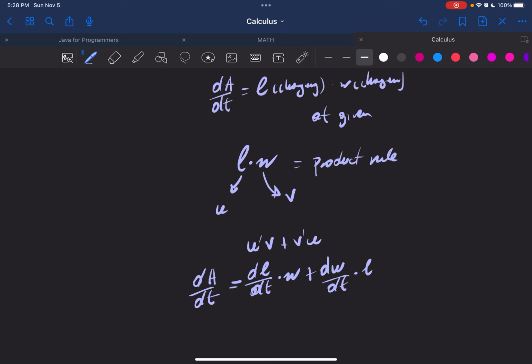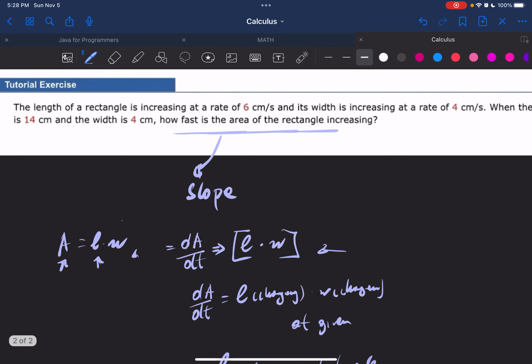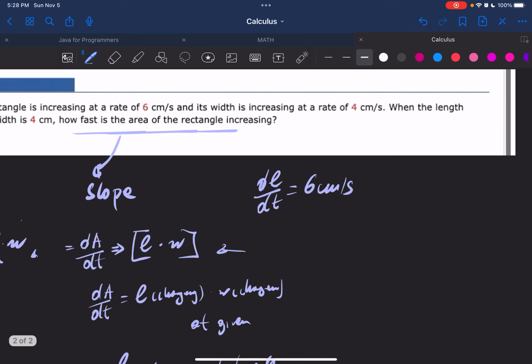Another important thing to notice here is that they gave us everything that we need to know. They told us that the length of the rectangle is increasing at a rate of 6 centimeters per second, so dL/dt is equal to 6 centimeters per second. And its width is increasing at a rate of 4 centimeters per second, so dW/dt is equal to 4 centimeters per second.